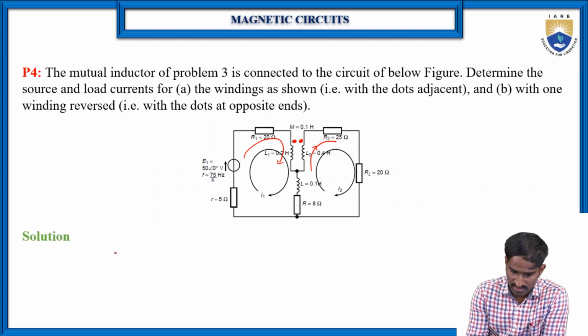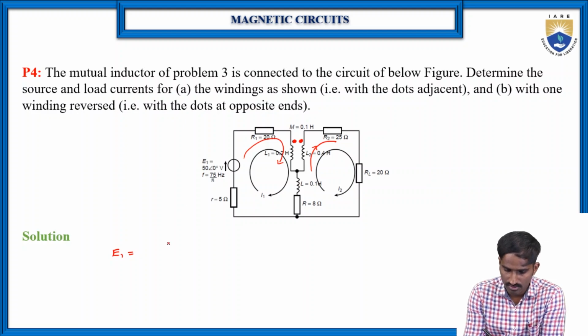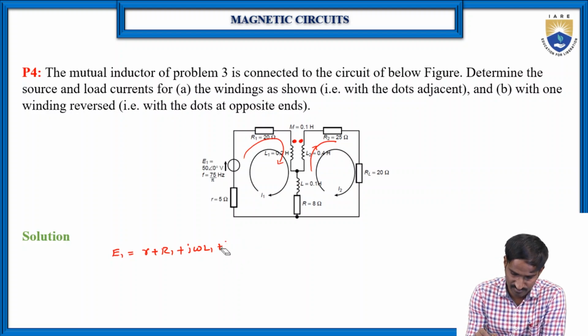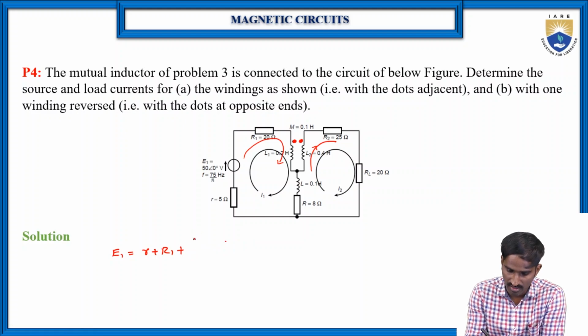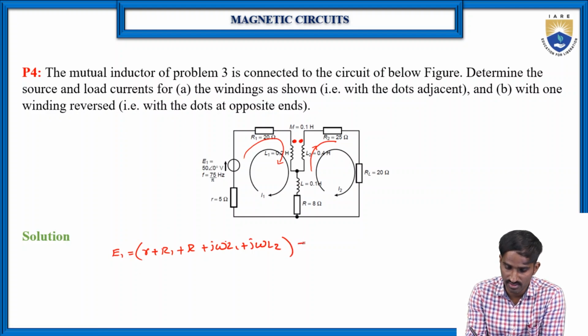For circuit 1, the voltage is E1, which is equal to the resistors and inductors that they are having here: small r, capital R1, and one more R, plus j omega L1 plus j omega L, into I1, because these all parameters are with respect to the self inductance.